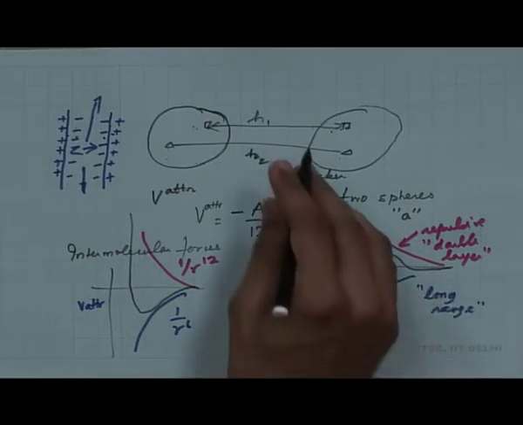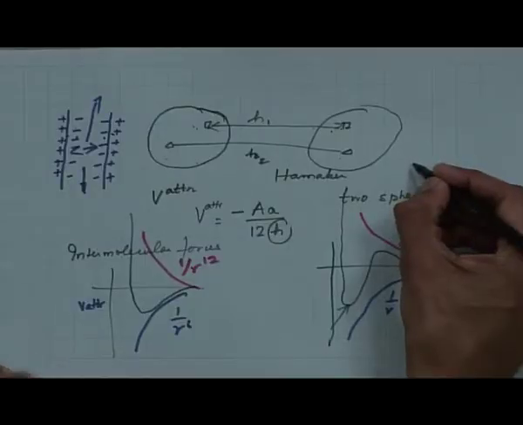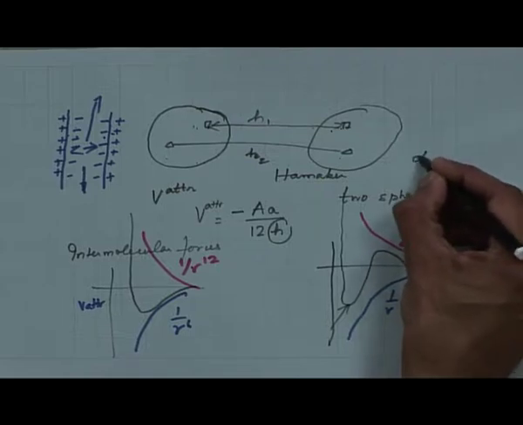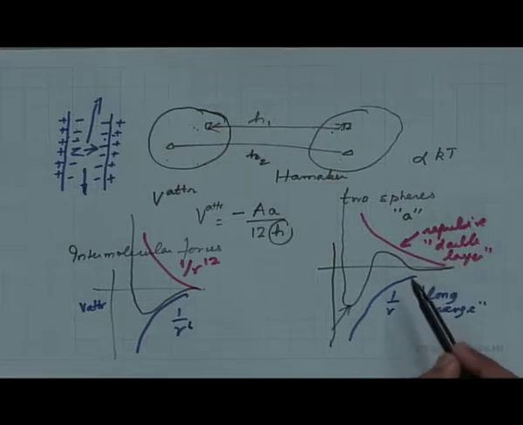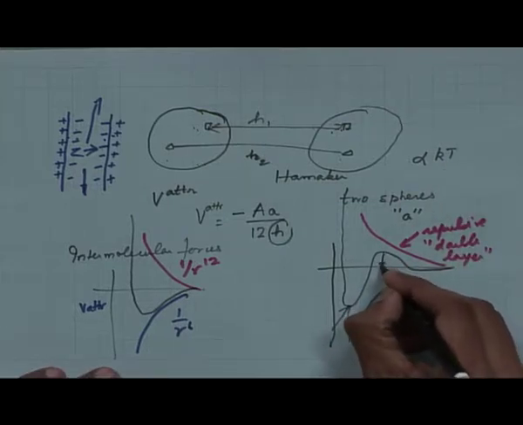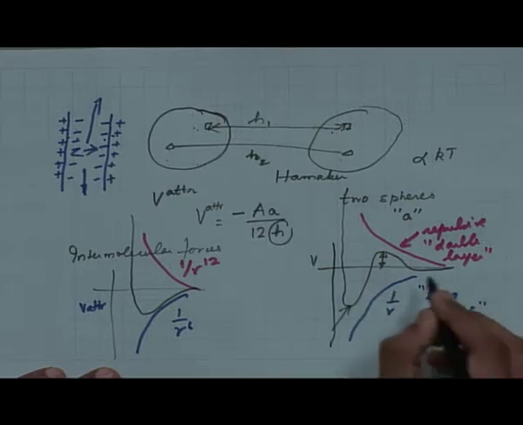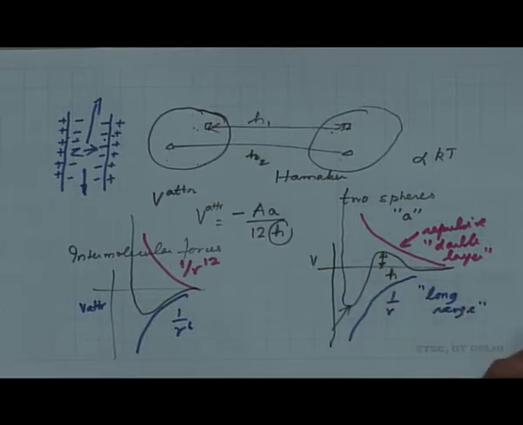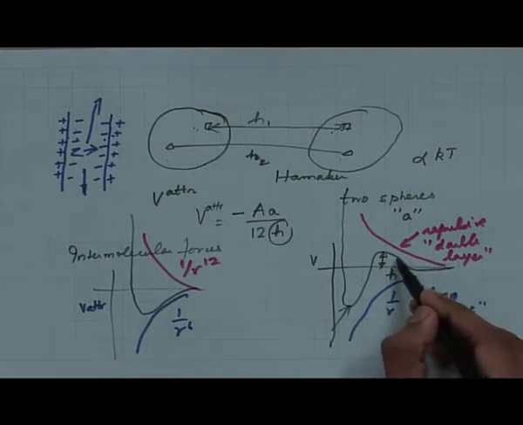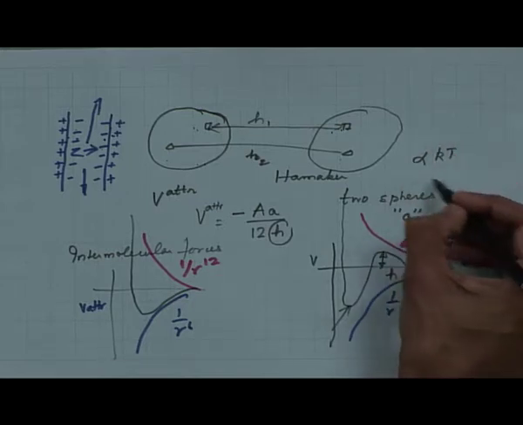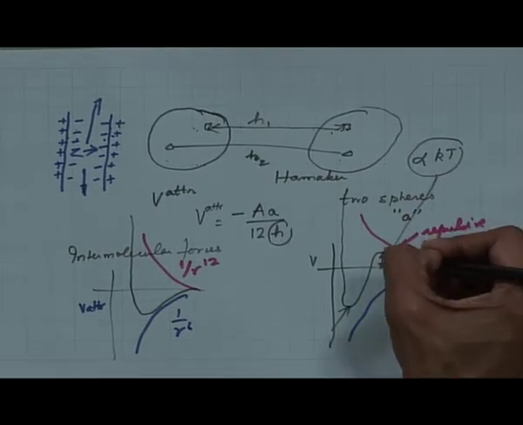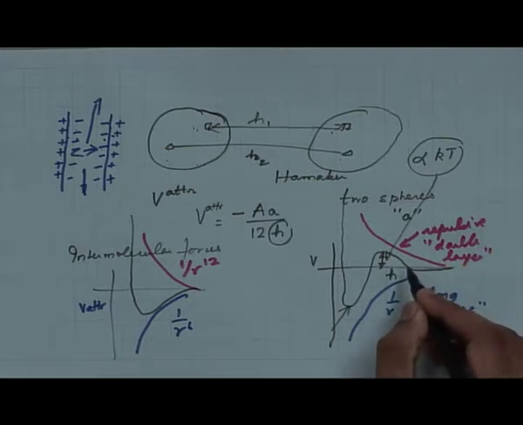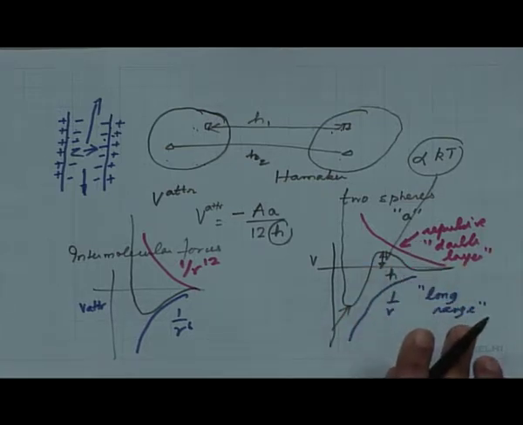So, when you have these particles in a solvent medium, there is kinetic energy, and the amount of thermal energy is proportional to kT. If kT does not allow you to jump this barrier, where I am plotting the potential as a function of the distance between the two particles, if the kinetic energy due to thermal motion is smaller than the barrier that we have here, then we have stability for the colloidal particles.